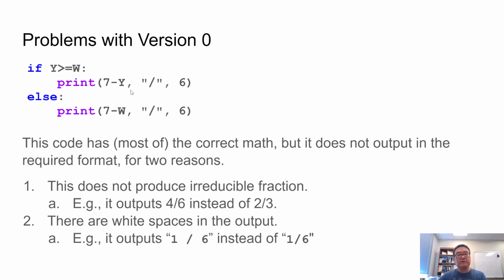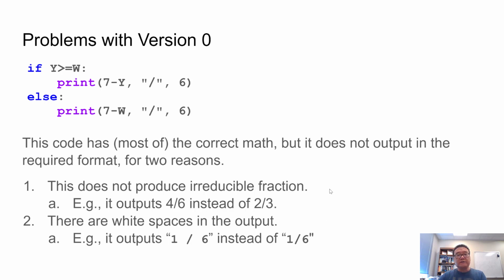And the other thing is the formatting of the output. Because we use print to print multiple things, it will automatically add a white space between each of the things that are printed. So we get 1, white space, slash, white space, 6 instead of 1/6 directly.